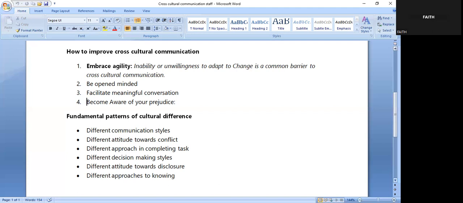Fifthly, different attitudes towards disclosure. We talked about intrapersonal communication, and we talked about people's attitude towards disclosure. There are people who naturally can tell you so much about themselves, and there are people who find it difficult to tell you about themselves.